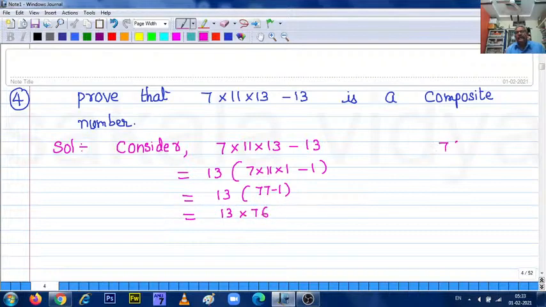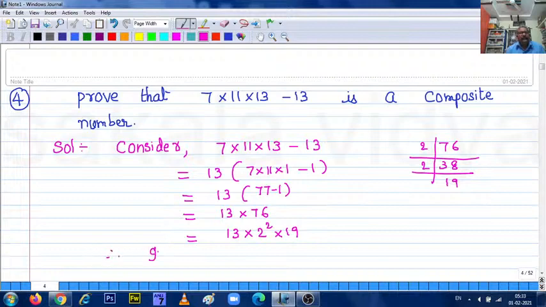Now let us find factors of 76. 2 threes are 6, 7 minus 6, 2 fours are 8. Next 2 nineteens. 19 is a prime number. So its factors are 13 into 2 square into 19. So therefore it is a composite number.